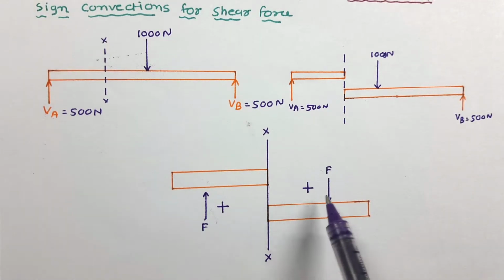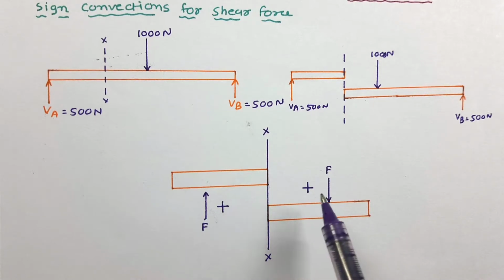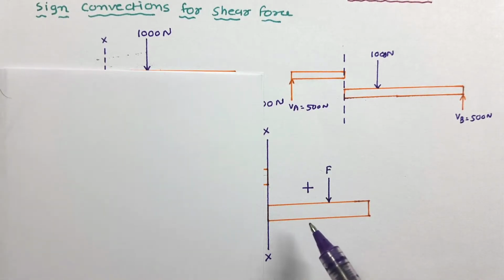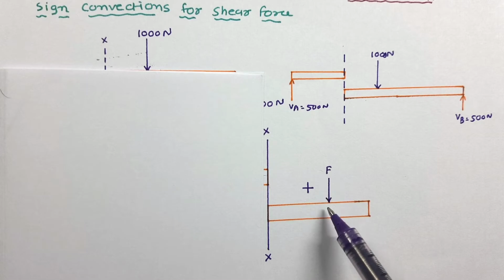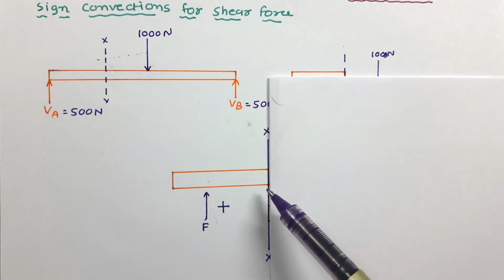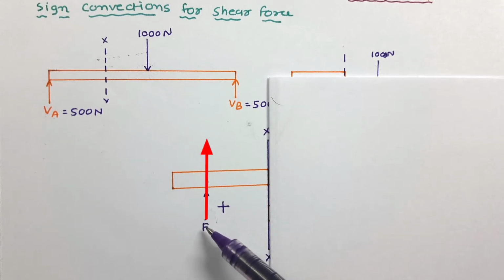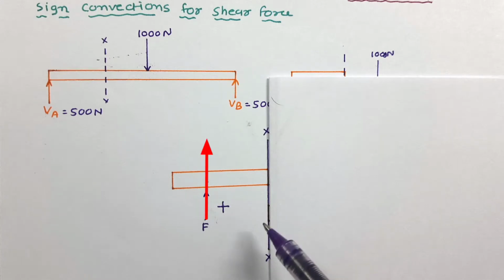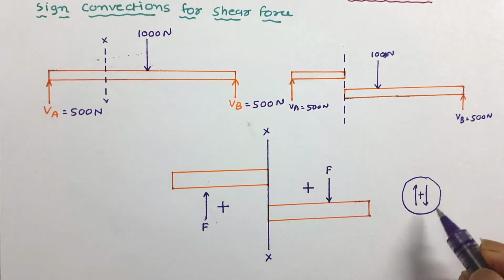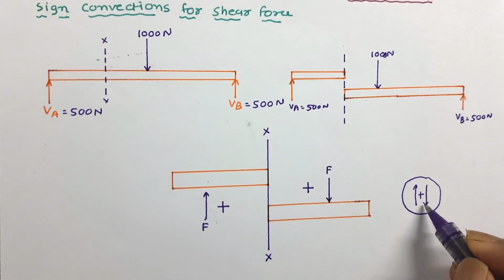So the shear force is considered positive when on the right side of the section the resultant force is acting in downward direction, or on the left side of the section the resultant of vertical force is acting in upward direction. So this is the sign convention for shear force.